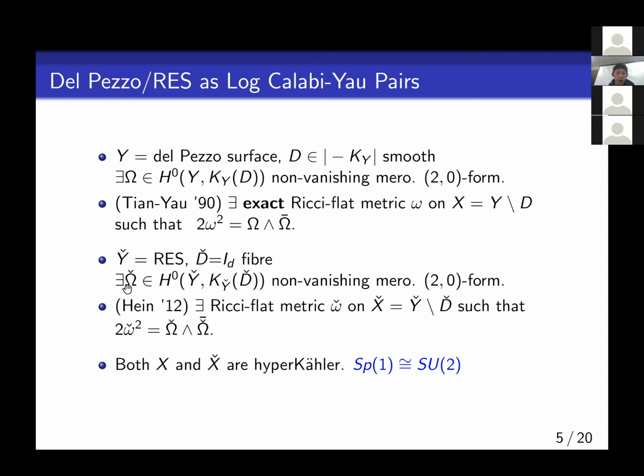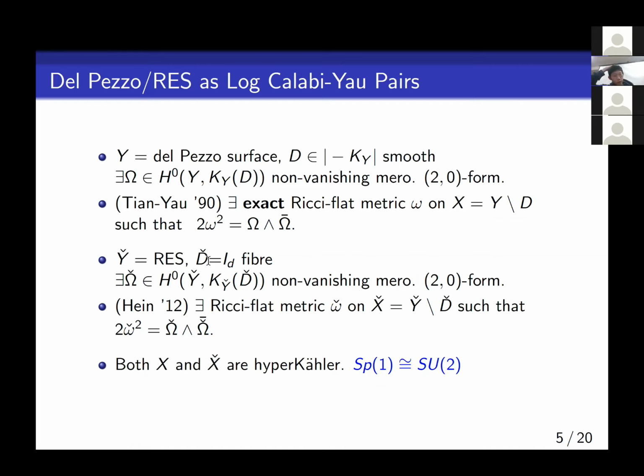Because earlier we said that its anticanonical divisor is minus a fiber, there exists a holomorphic 2-form on the complement of this I_d fiber. I call it X check. And this is actually a meromorphic 2-form on Y check with a simple pole on D check.